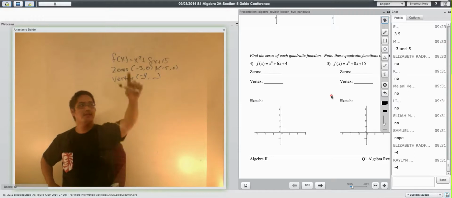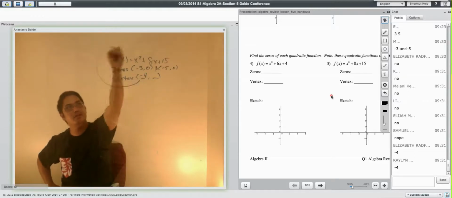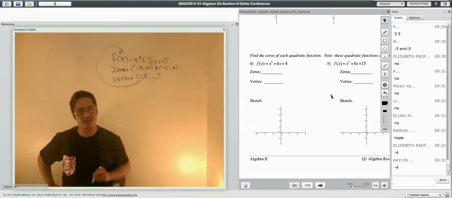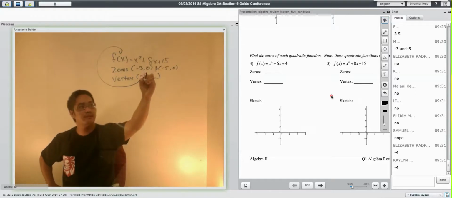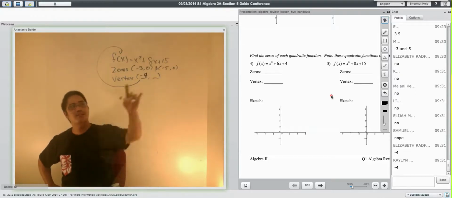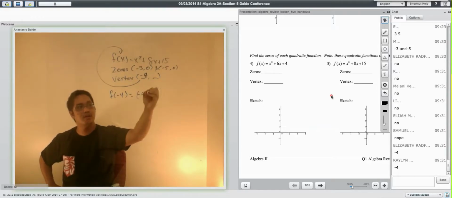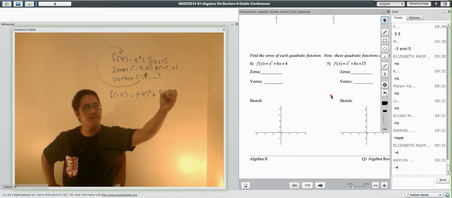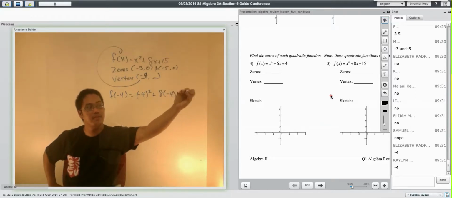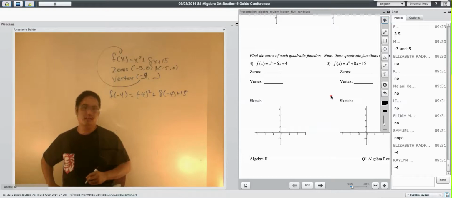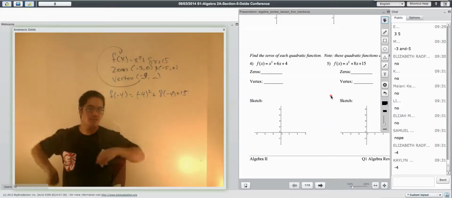Then I plug in -4 into here, which is kind of what Sam was asking last time. And this is how we were able to get that equation. You plug in -4 into here, so f of -4 is equal to -4 squared plus 8 times -4 plus 15.